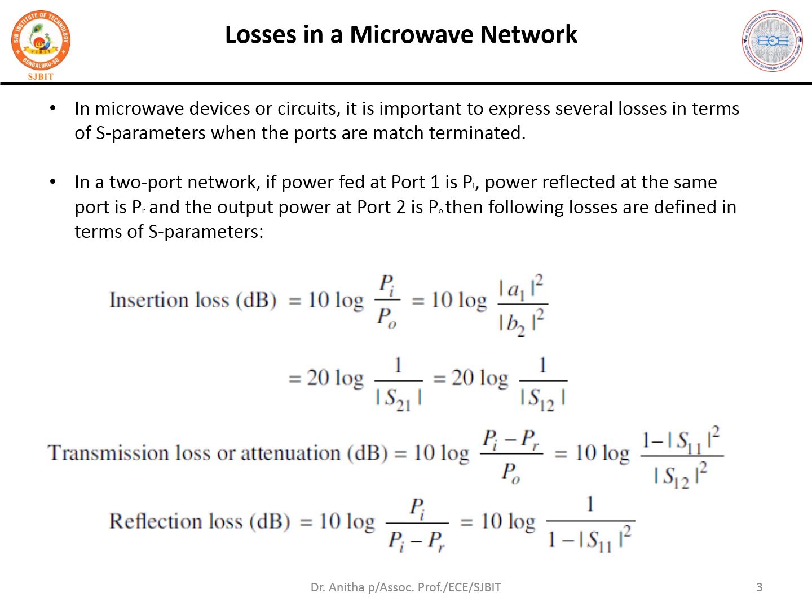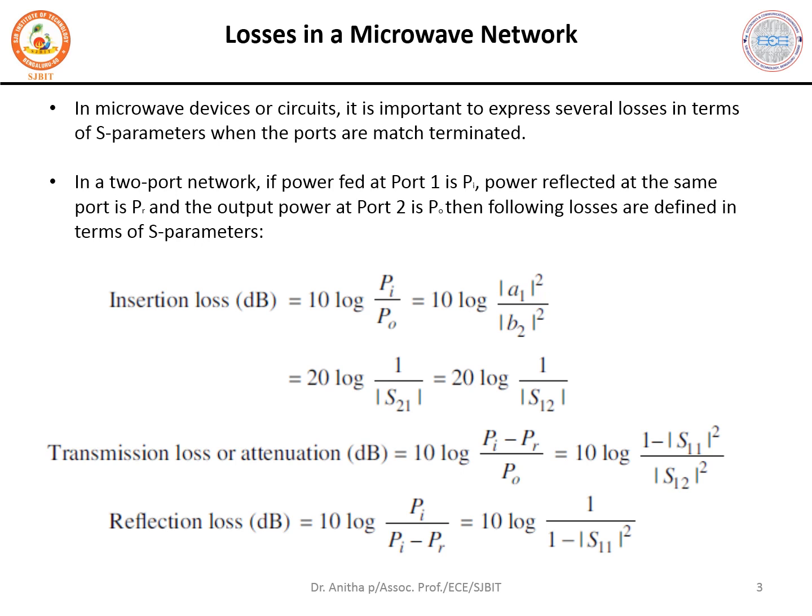Transmission loss gives you the ratio of the actual power fed to port 1, which is Pi minus PR, so 10 minus 3, 7 watts, divided by the power output, which is 6 watts. That means the remaining 1 watt has been lost during the transmission from port 1 to port 2. If we are accounting for that, that is nothing but the transmission loss.